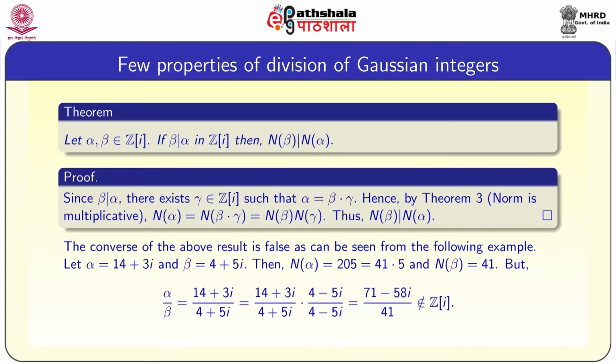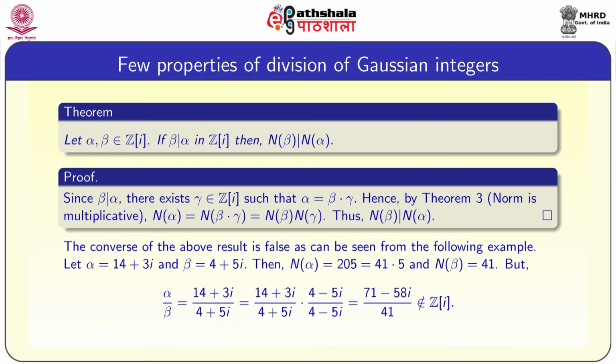It is because if you consider alpha by beta, that is (14 plus 3i) by (4 plus 5i), and take the conjugate and multiply (14 plus 3i) into (4 minus 5i) over (4 plus 5i) into (4 minus 5i), we get (71 minus 58i) by 41.